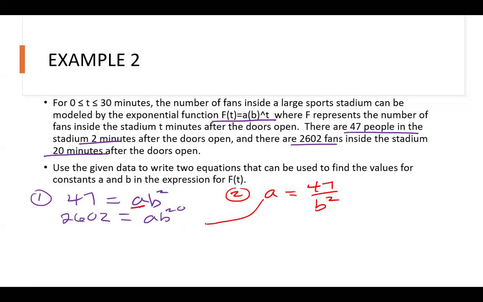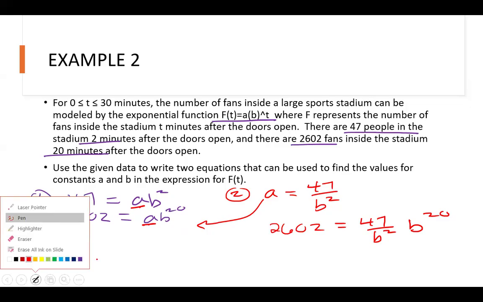Now I'm going to substitute that into the other equation. So we get 2,602 equals, instead of A, I'm writing 47 divided by B squared, times B to the 20. All right, now we're going to clean this up.